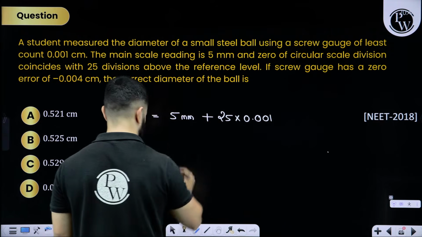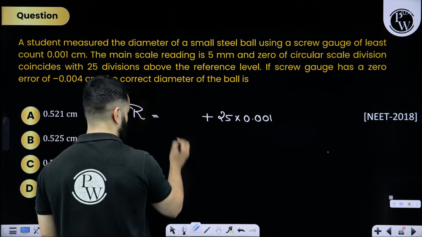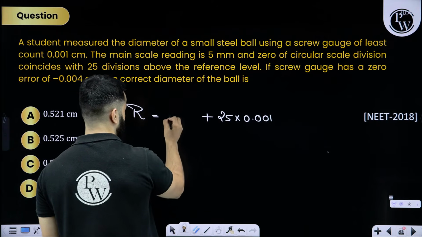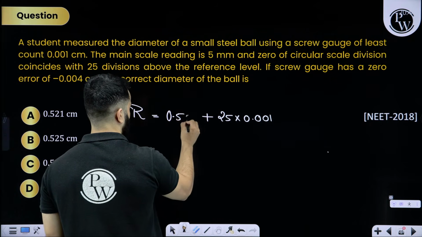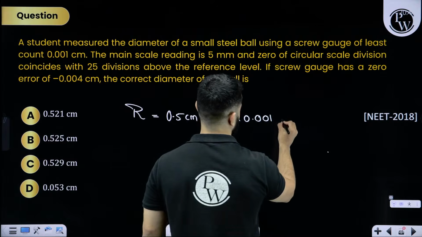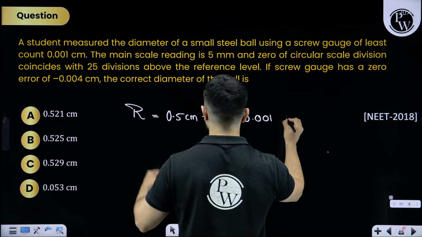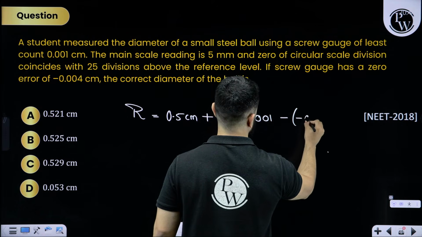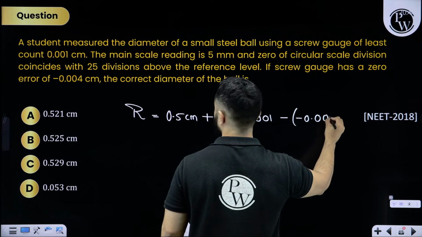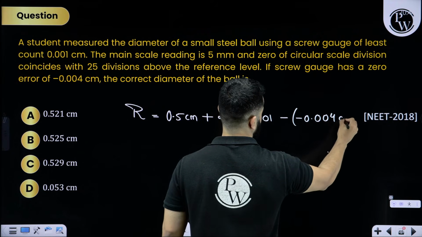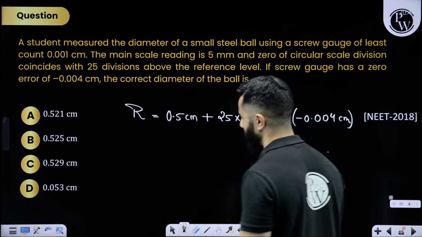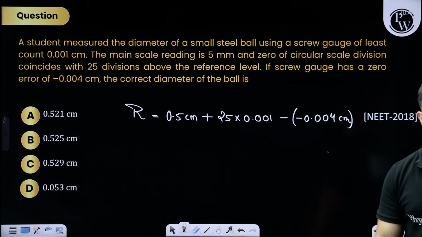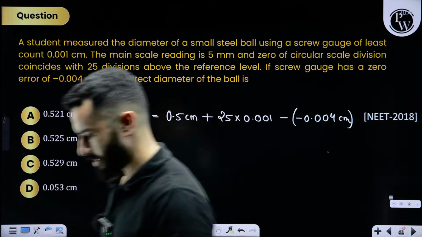Change the unit. Okay, let's write it as 0.5 centimeter, and then plus, we always subtract, right? So minus 0.004 centimeter. This is going to be the answer, whatever this is.